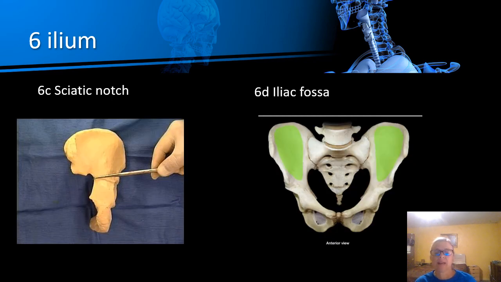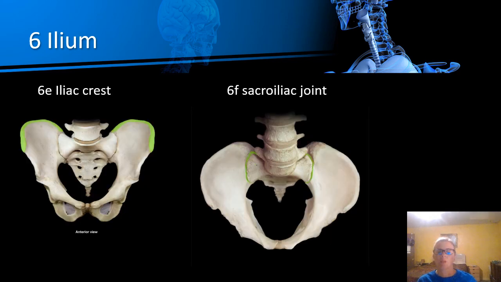All right, so there's the sciatic notch. The sciatic nerve does pass through there. And then we have the iliac fossa. Remember, a fossa is more like a depressed area. So it depresses in, and this whole depressed area here in green on the ilium is the iliac fossa. Then we have the iliac crest, and if you think about the crest of a wave, it's the top portion.